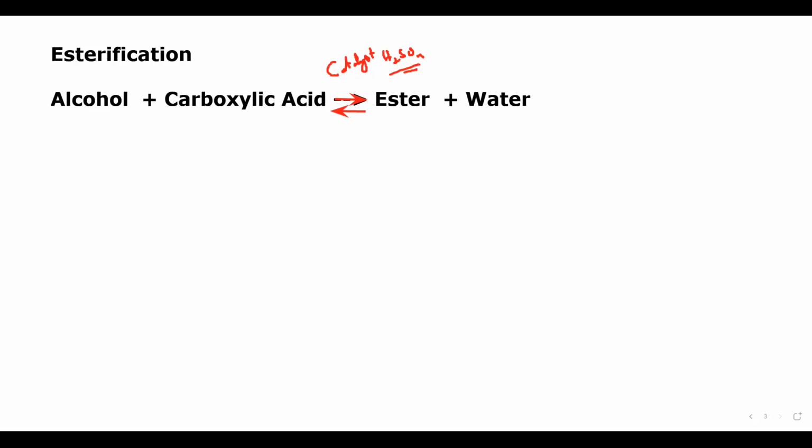So if I have butanol plus propanoic acid, what will be the ester? The name of the ester, always remember, the first part is from the alcohol, so but, and the second part is from the acid, prop.